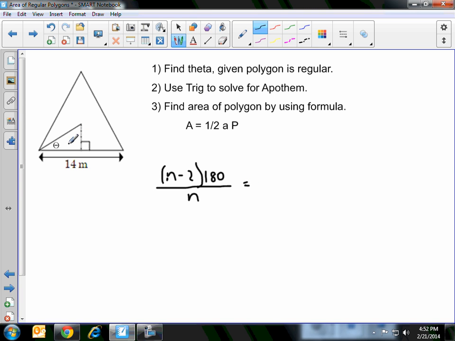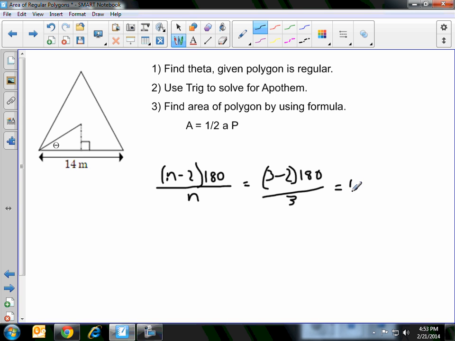All right, so let's first find this. Since this is a 3-sided shape, we have 3 minus 2 times 180 divided by 3. Well, 3 minus 2 is just 1. 1 times 180 is just 180. So I'm really just doing, in my calculator, 180 divided by 3, which happens to be 60.